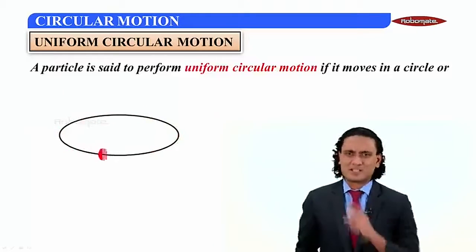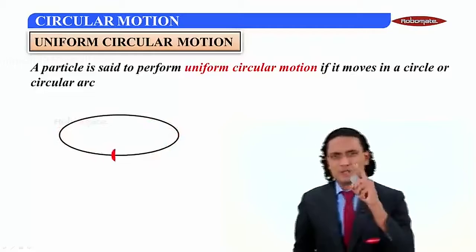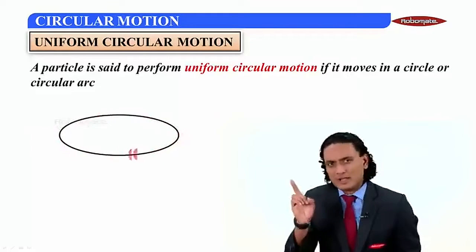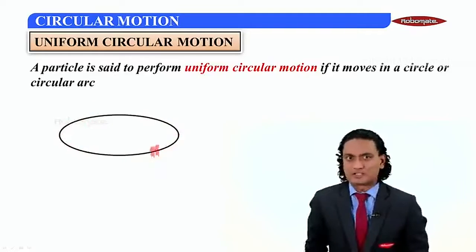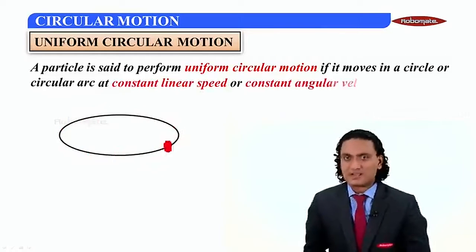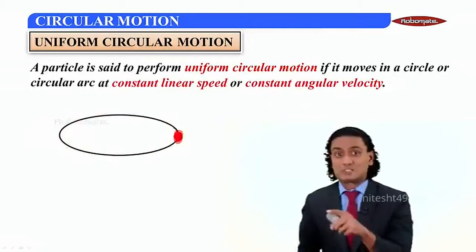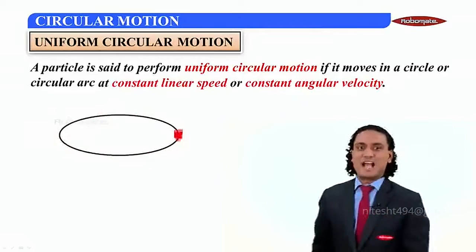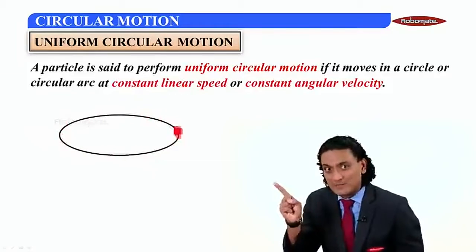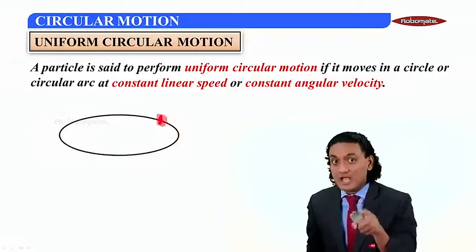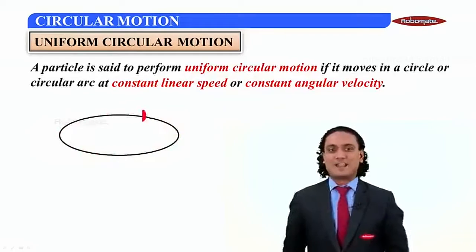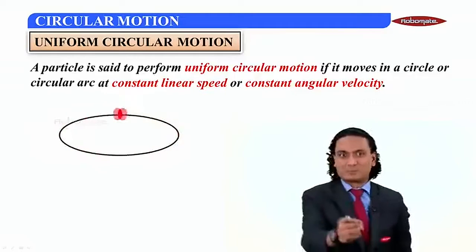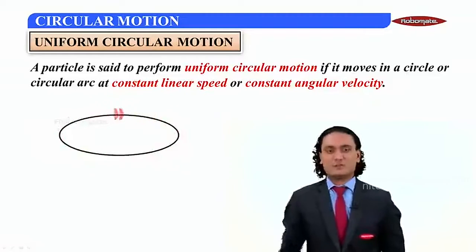Very simple, students. A particle is said to perform uniform circular motion if it moves in a circle or circular arc under one important condition. What condition? See there. At a constant linear speed or constant angular velocity. So if this particle is going to move in a circle at a constant linear speed or constant angular velocity, then this particle is performing, yes, a uniform circular motion.